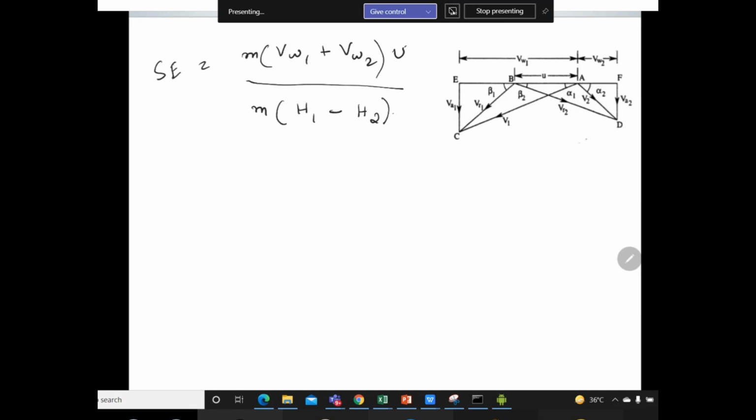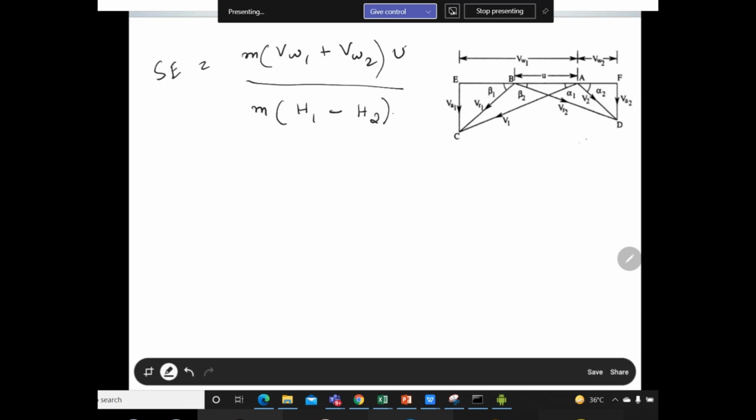We will discuss this when we solve the example where we need these H1 and H2 values. So these are just general formulas to find different parameters related to your impulse turbine blade. You can note it down till this point, and we will continue this lecture from the next class.